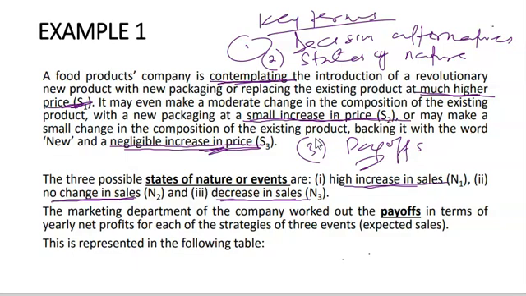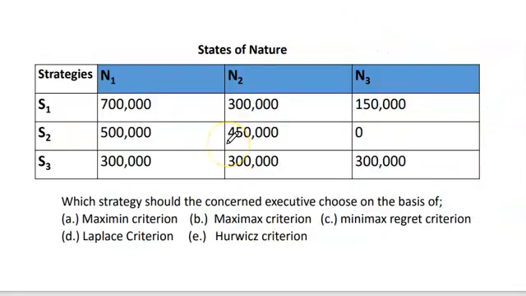Let us read further. The marketing department of the company worked out the payoffs in terms of yearly net profits for each of the strategies. What are the strategies? You can see them up here: X1, X2, and X3. So they have worked out the payoffs in terms of yearly net profit. The payoff table is represented in the table below. Look at the payoff table, the yearly profit.